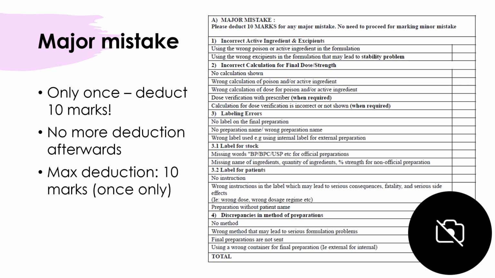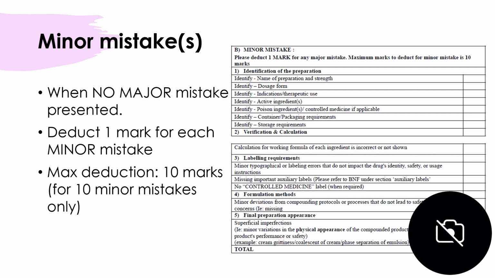Okay, let's have a look at the major mistake. We only deduct 10 marks only for once. Whenever you have more than 1 major mistake, we will no longer deduct or penalize. Meaning to say that we will have a maximum deduction of 10 marks which carries 1 major mistake.